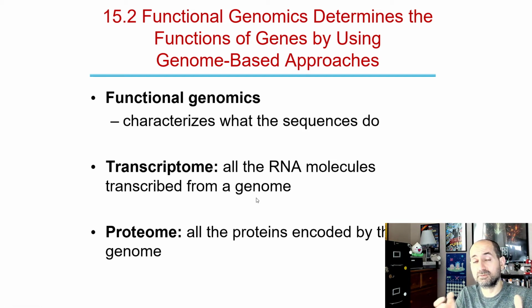And as you remember from a previous chapter, not all genes are expressed all the time, right? A certain subset of genes are expressed, so those genes will have mRNA in the cell. And so the transcriptome would be all of those transcripts, all of the mRNA for those genes in the cell. The proteome is all of the proteins in the cell. So the proteome, what proteins are available in the cell?